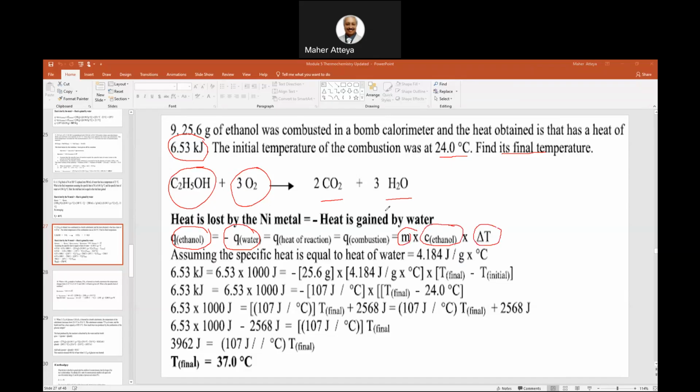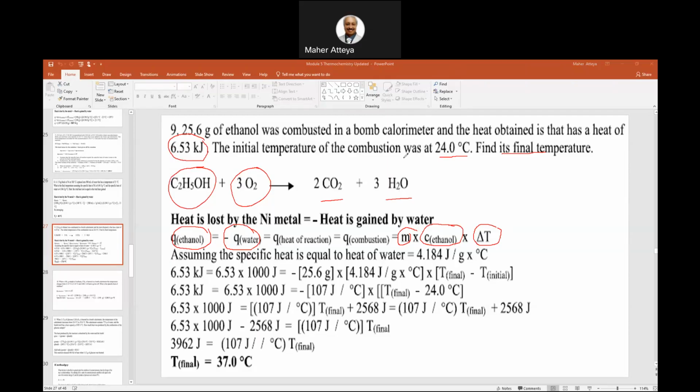And this is for ethanol. If the specific heat of ethanol is not given to you, you can assume it will be close to the specific heat of H2O, because the ethanol we are using is diluted ethanol. It's not 100%.